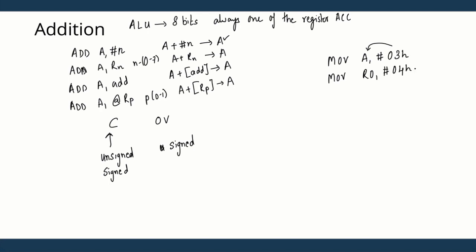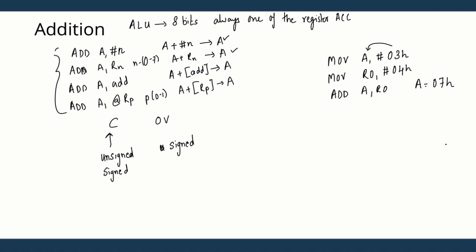Now if I want to add both, I use add A, comma R0, and after this instruction, A will be equal to 07H. You can use various variants using any of these combinations. This is a very simple example.